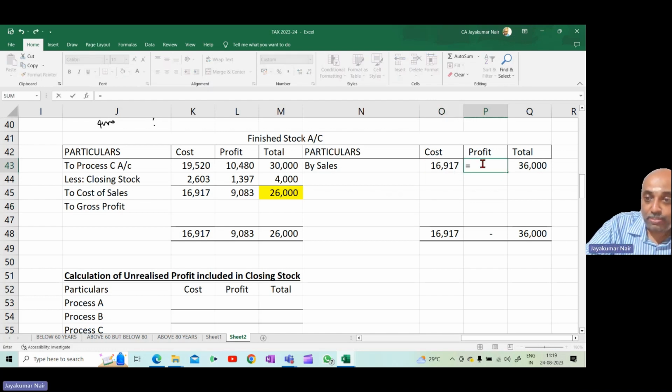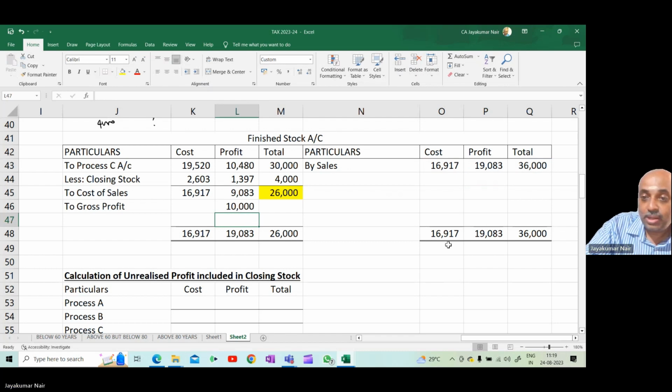So how much is the profit? This minus this is the profit. That means your gross profit is 10,000. So I repeat, sales is already given to you, 36,000. Cost price, you know, the difference between the two is the profit. So the profit column has to tally. So this is the balancing figure. So gross profit is 10,000.